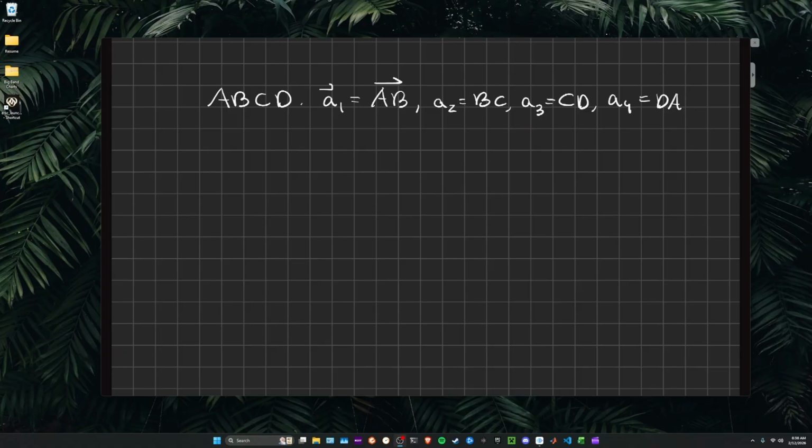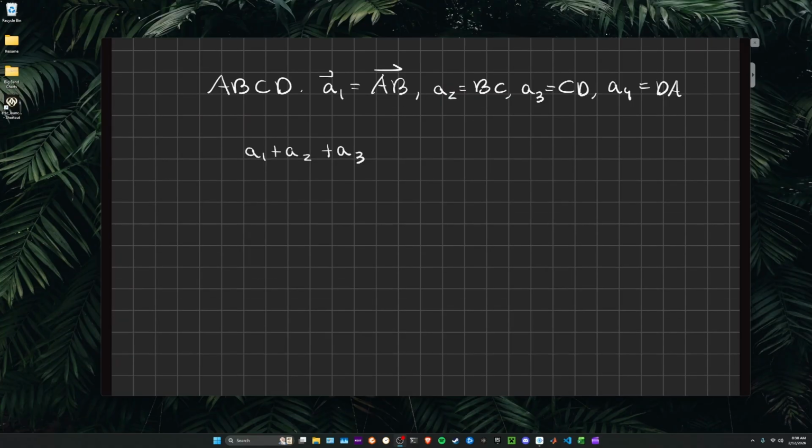Okay, so first they want us to graph A1 plus A2 plus A3. So this will be the tail to tip method. I'll give you what the setup is, and then try drawing this on your own, just using these straight line segments.